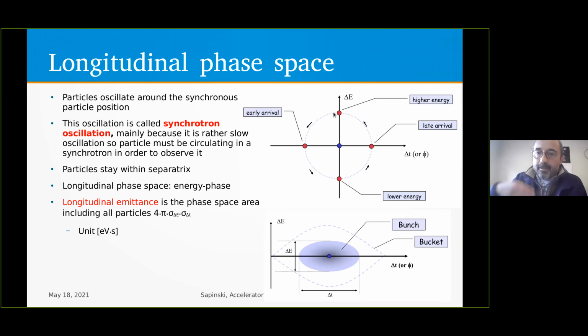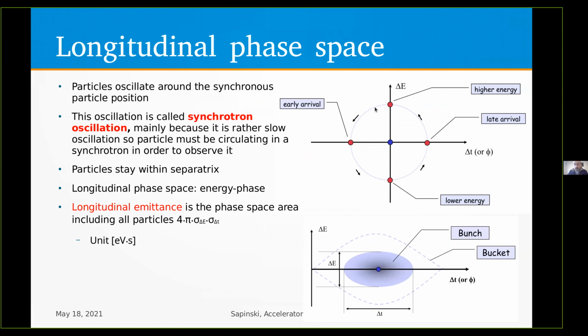In the next passage through the accelerating gap, they get a smaller kick, so the energy decreases and they start to arrive later. Particles constantly oscillate, and this kind of longitudinal oscillation is called synchrotron oscillation. The name comes from synchrotrons, mainly because it's quite a slow oscillation, so we may not see it in a linear machine, but in a circular machine, where the beam comes back many times to the cavity, the accelerating structure, we actually see it.